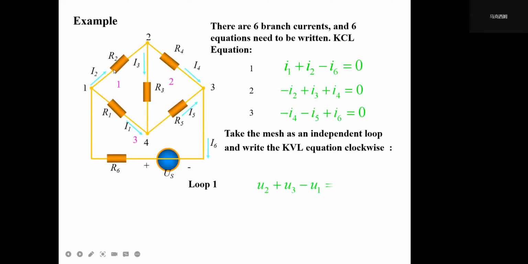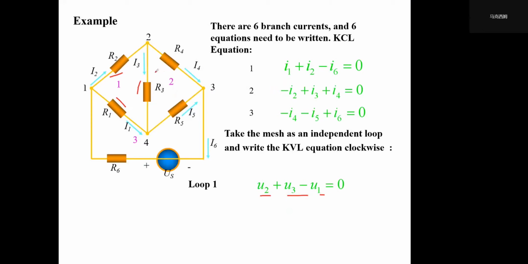For the first loop, we have U2 and U3 minus U1: the voltage of resistor 2, the voltage of resistor 3, and the voltage of resistor 1.